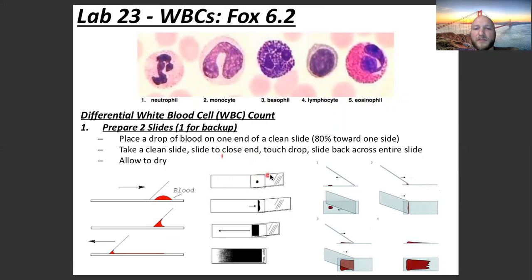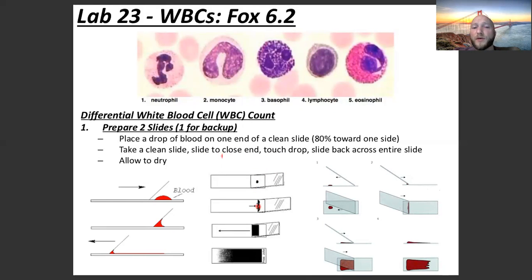We're going to take another slide, a clean one, and hold it at an angle. And we're going to slide it along the slide until we touch the sample of blood. When you touch that sample of blood, it's going to spread out across horizontally, like right here. It's going to spread out horizontally across the end of that slide.